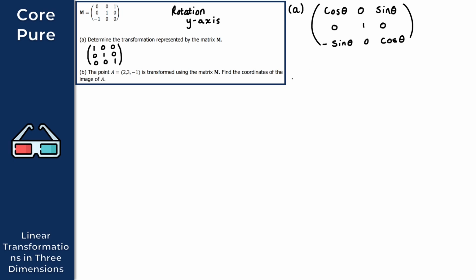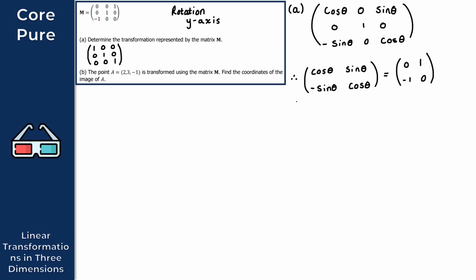So in that case then, what we get is cos theta, sine theta, minus sine theta, and then finally cos theta here, and that is equal to 0, 1, -1, and 0, like so.